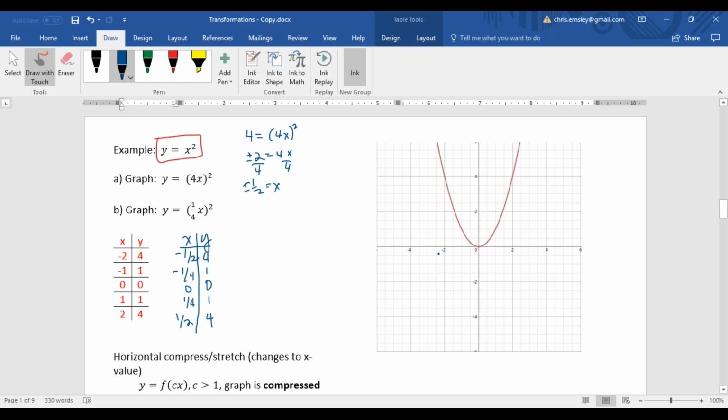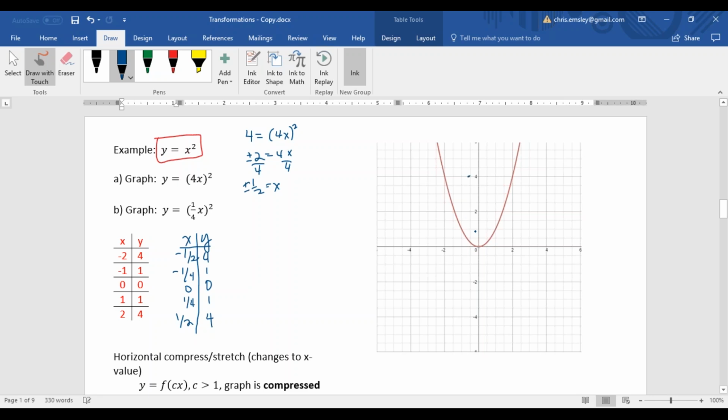So let's graph these. It gets a little tricky when we have these fractions, but we just do our best. So negative 1/2 and 4. Sorry, that was negative 1/4. Let me fix that. Negative 1/2 and 4 will be here.